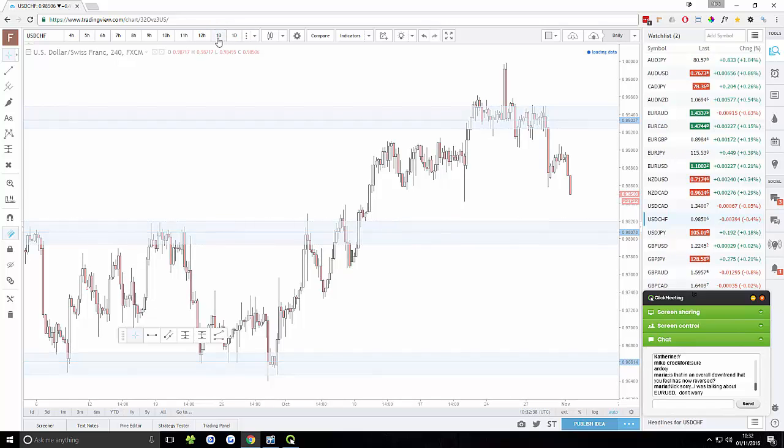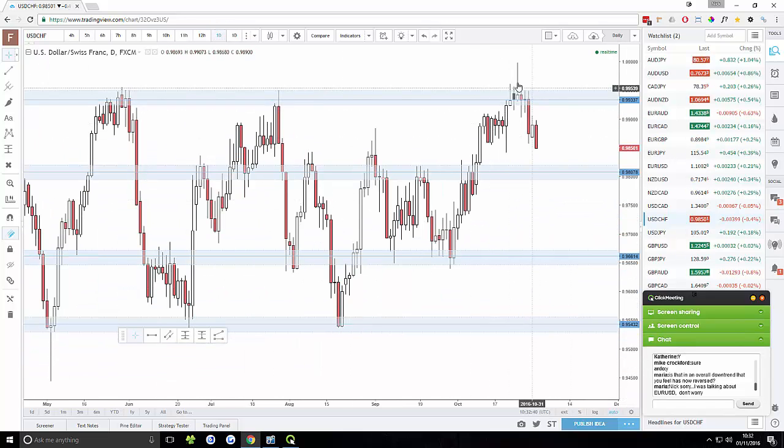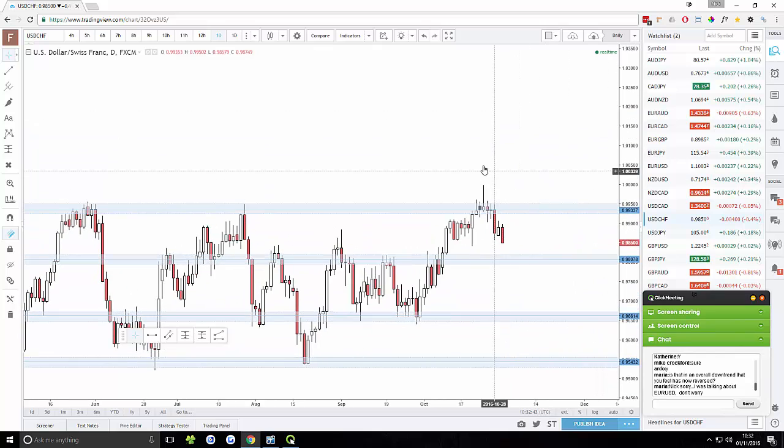USD CHF. Anyone still in the USD CHF short that I mentioned in last week's analysis? Again, I didn't enter this one because it slightly broke my rules. When I have very, very strict rules as to the entries for my trades and as to the stop losses, risk reward ratio type rules, not everyone who's trading my strategy has those same rules.